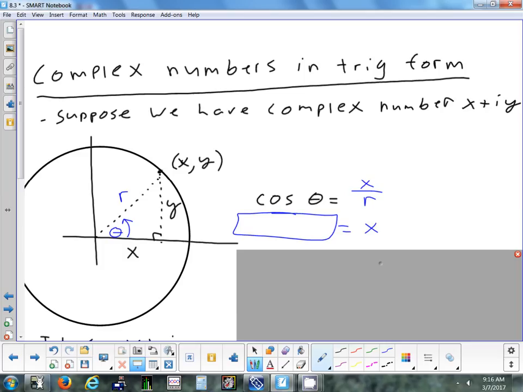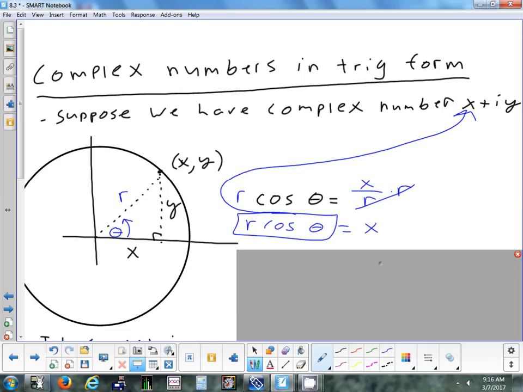And multiply, Nick, was that what you were going to say? Yeah, you multiply both sides by r, and you get r cosine theta equals x. Now you have a formula that you can plug in, and it'll get rid of the x. It'll turn the x into r cosine theta.